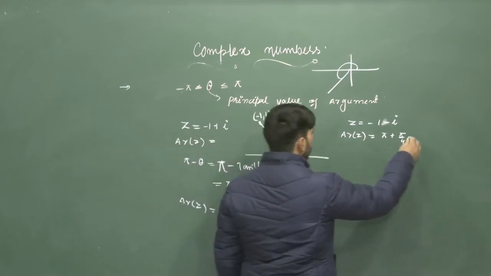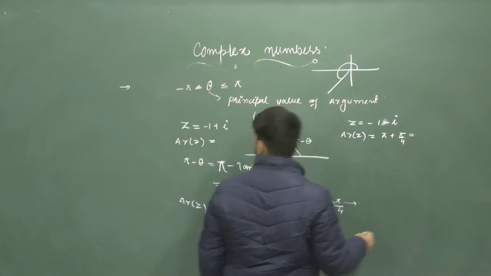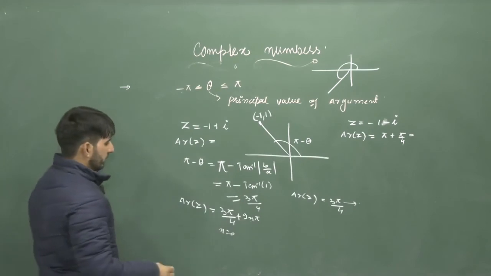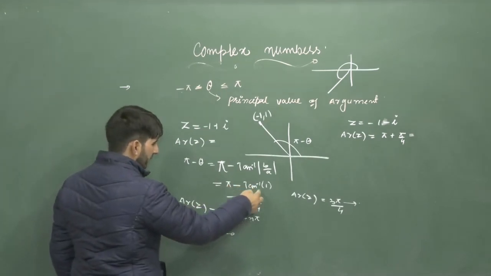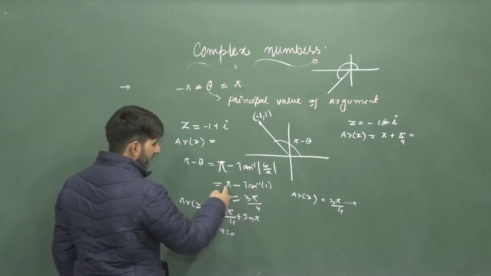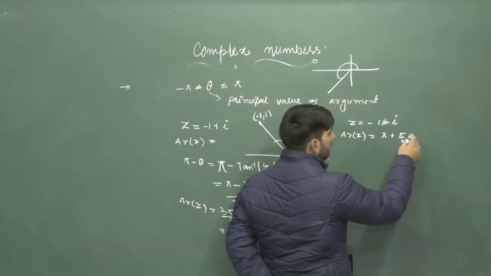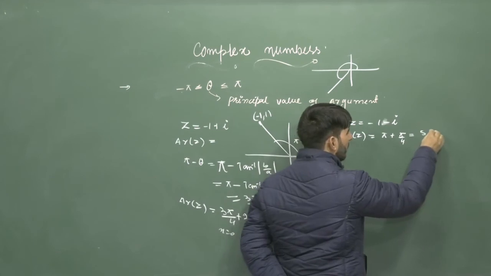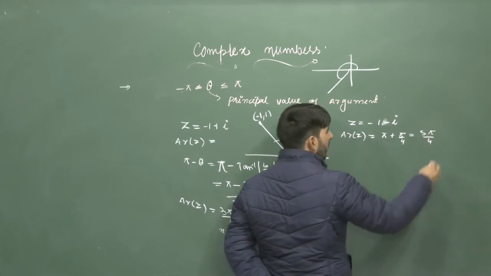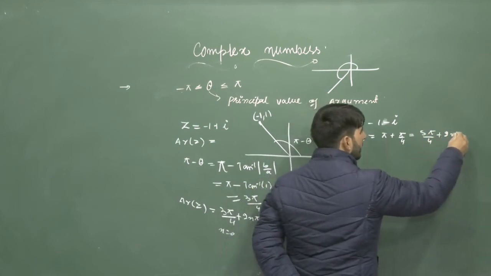So this is π + π/4, which is 5π/4, plus 2nπ.